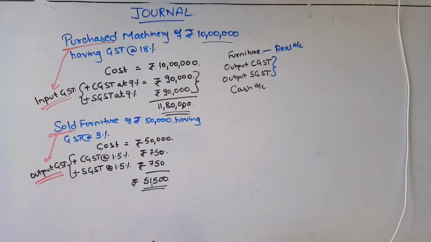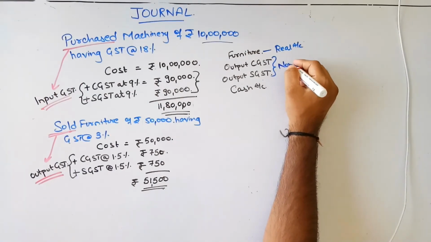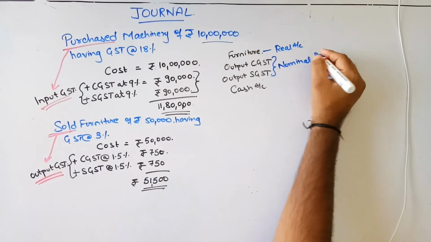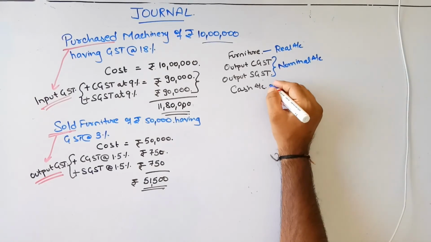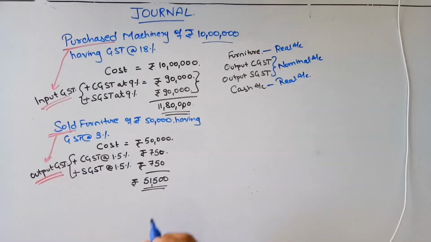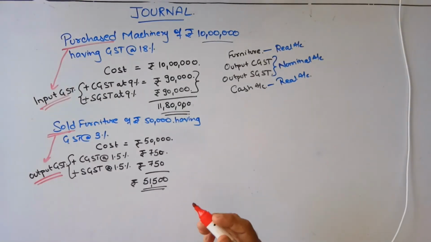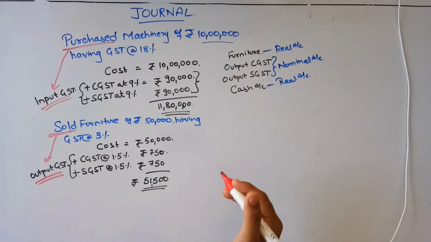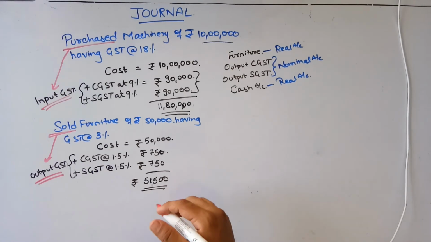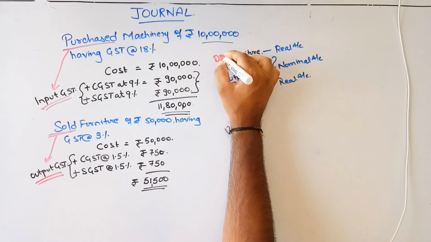These both are your nominal accounts, and your cash is again your real account. Fine guys, just tell me one by one fast which will be debited and which will be credited. We have sold furniture, so what does the real account say? Debit what comes in, credit what goes out. Furniture is coming in or going out? Going out, so furniture account will be debited.